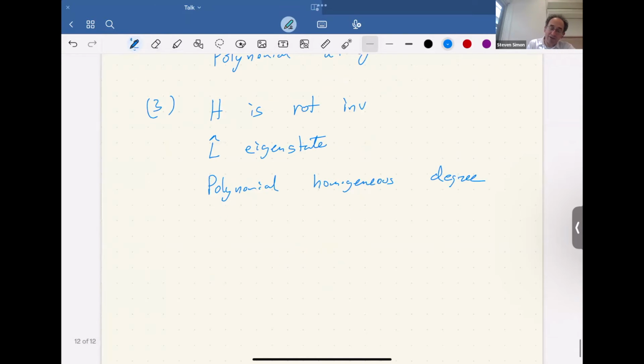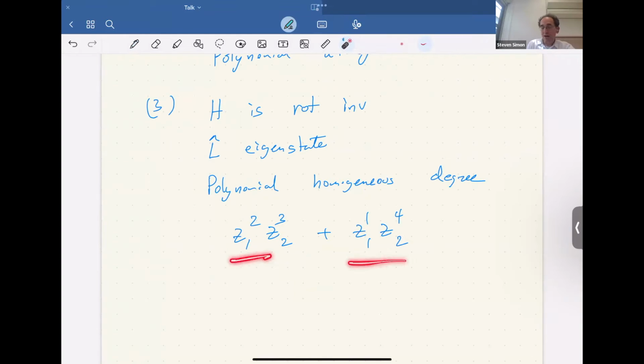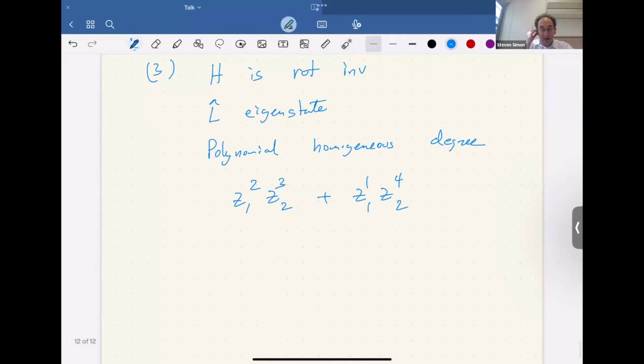So for example, if I write z1 squared z2 cubed plus z1 to the 1, z2 to the 4th, both of these terms are degree 5 and have a net total angular momentum 5. But if I wrote something that did not have total exponents 5, then it would have a different angular momentum. But since we have a Hamiltonian that's rotationally invariant, the eigenstate, the ground state, should be an angular momentum eigenstate. So it has to be homogeneous with some degree.